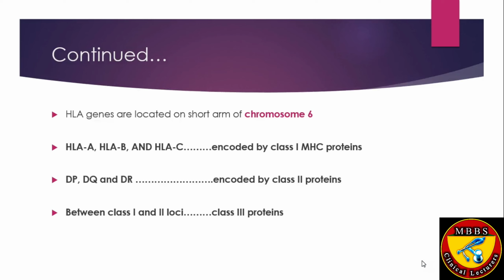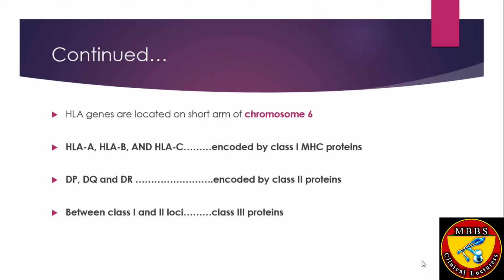So HLA genes, where are they in the body? They are located on the short arm of chromosome 6, and there are different types of MHC proteins like class 1, class 2 and class 3, but most commonly we are dealing with the class 1 MHC proteins and class 2 MHC proteins.